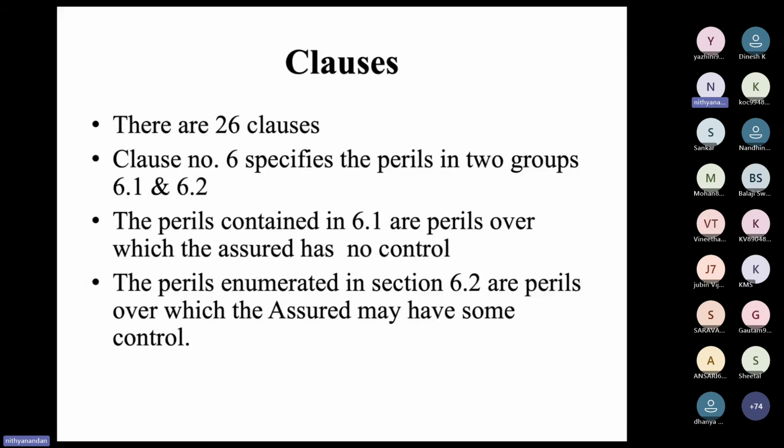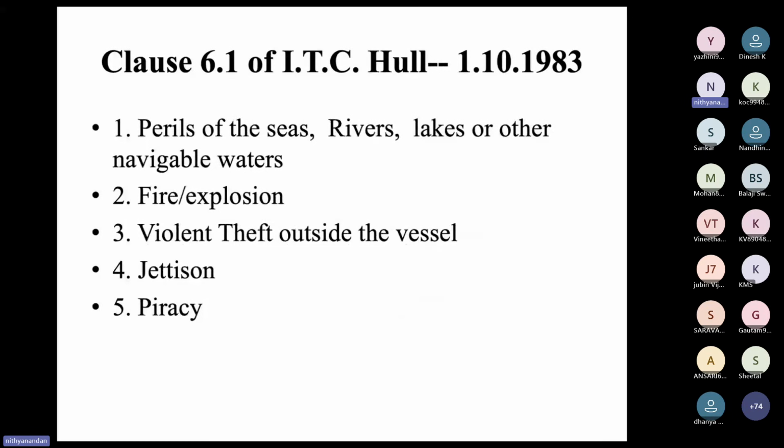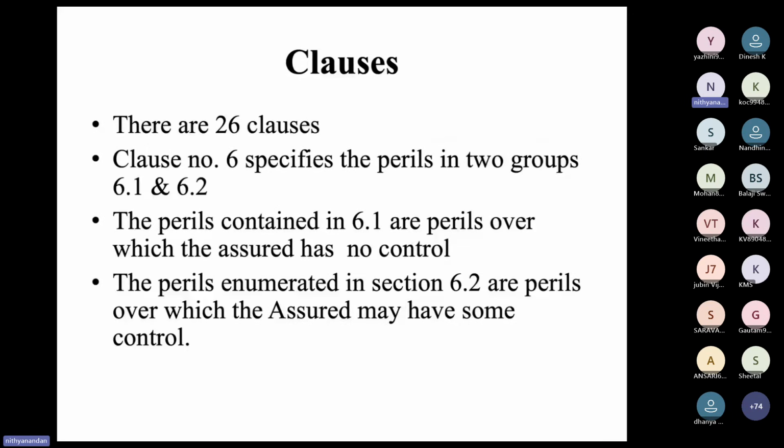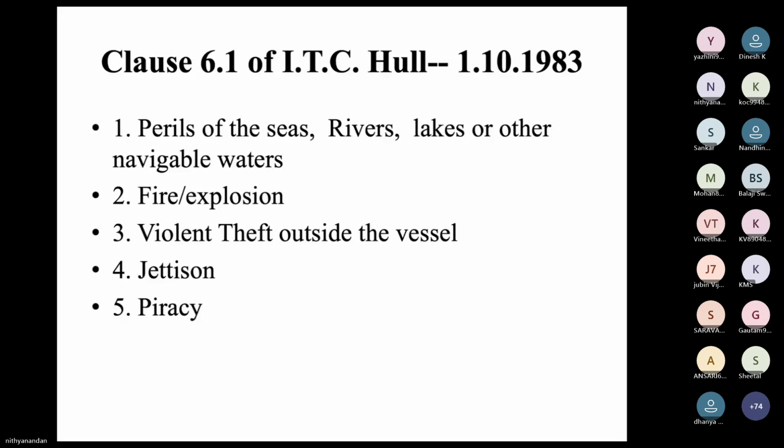Class 6 specifies the perils which are covered by the policy. It has two sections, 6.1 and 6.2. 6.1 is uncontrollable perils, where the insured has no control. Example, the perils of seas, rivers, lakes, fire, explosion, violent theft outside the vessel, jetties, and piracy.